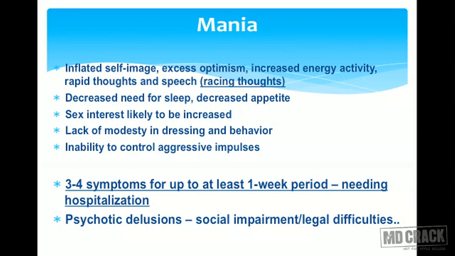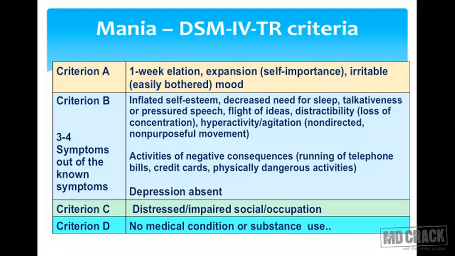If 3 to 4 of these symptoms are present for at least a 1 week period, needing hospitalization, then you call it mania. The patient may have psychotic delusions, and there may also be social impairment leading to various legal difficulties.